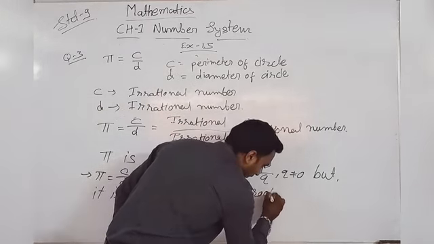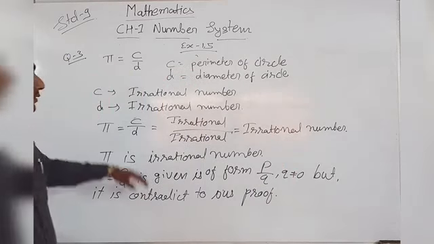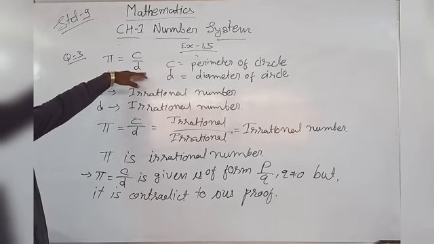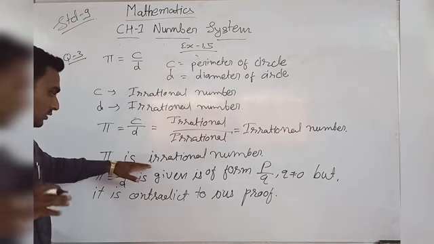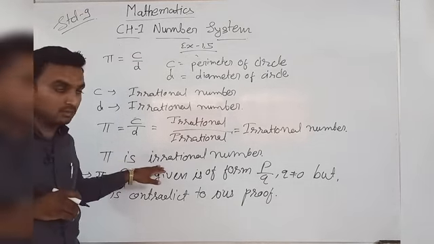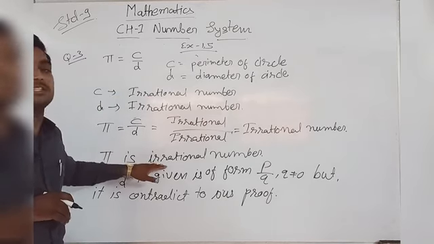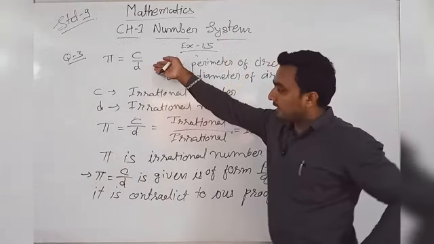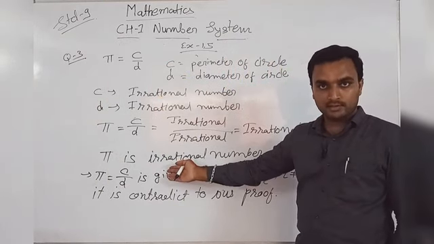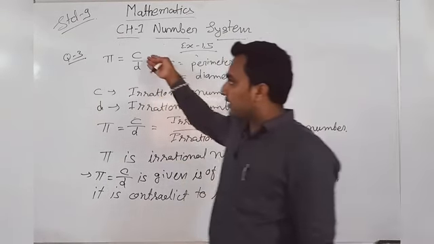By contradiction I mean that one result shows a rational number and here we get an irrational number. So these both are opposite results. That's why we can say this is a contradiction, and then we prove it. Clear? So this is the answer.